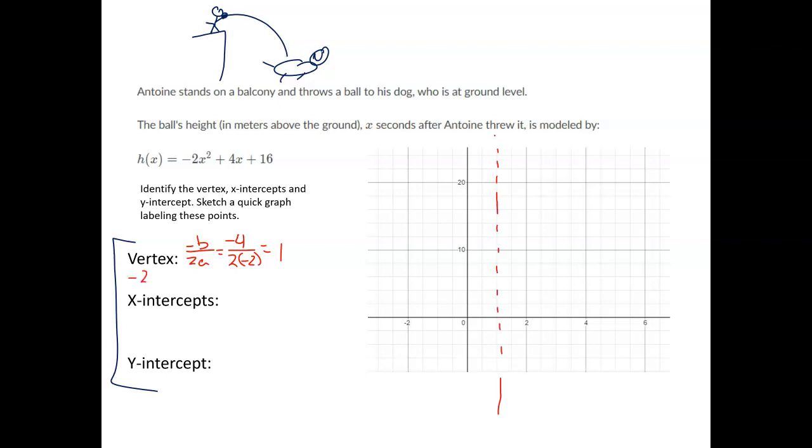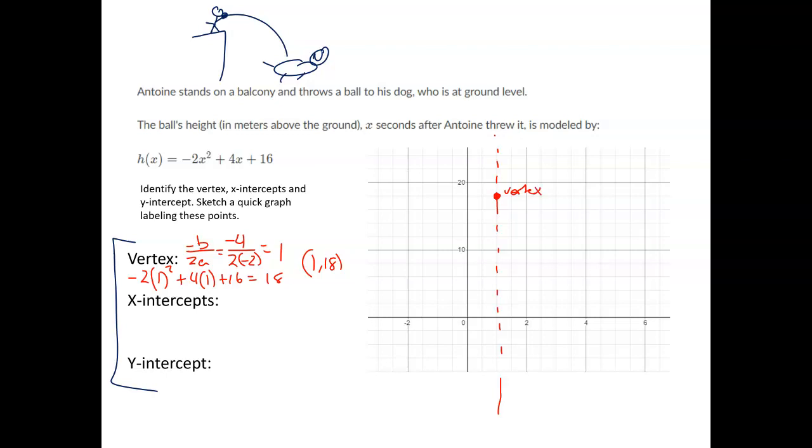Going back in, negative 2 times 1 squared plus 4 times 1 plus 16. You square the 1, so that's 18. Okay, so my vertex is at (1, 18). Pay attention to the scale on here because I had to fit it all. There's your vertex.